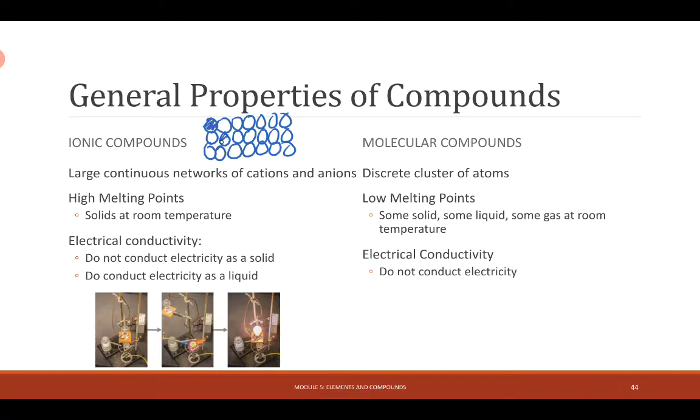And so you can either shade or write pluses and minuses in all of these different things to show that they are cations and anions. So large continuous networks of cations and anions. I don't want to fill out all of them. It's going to take a long time.